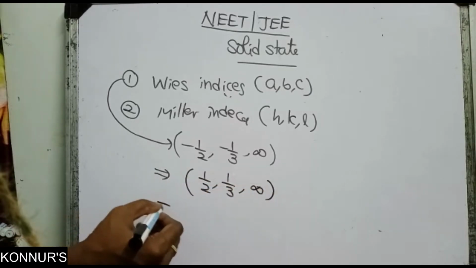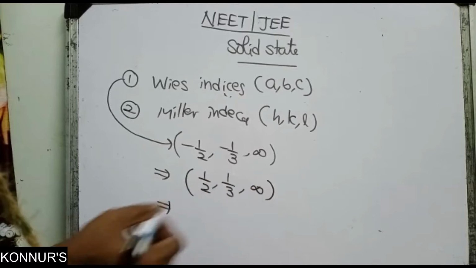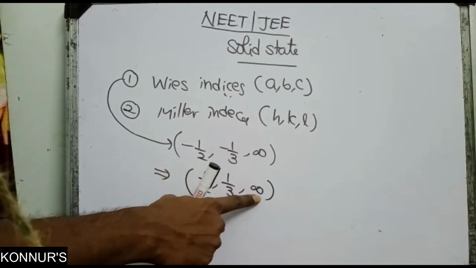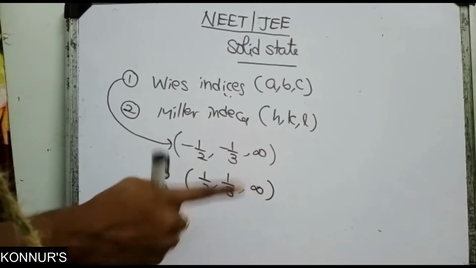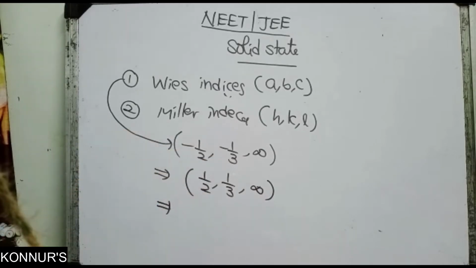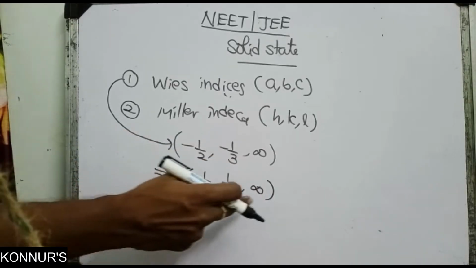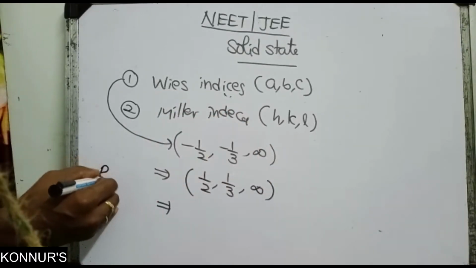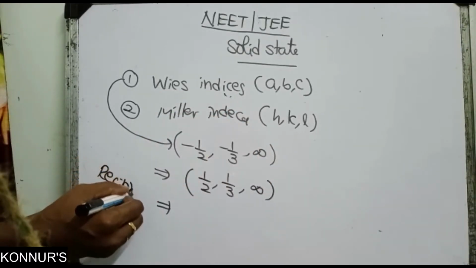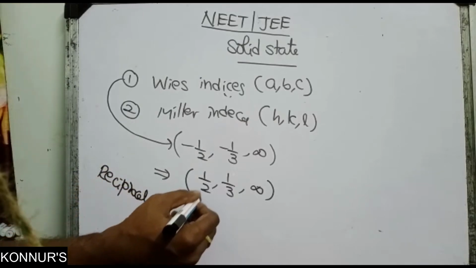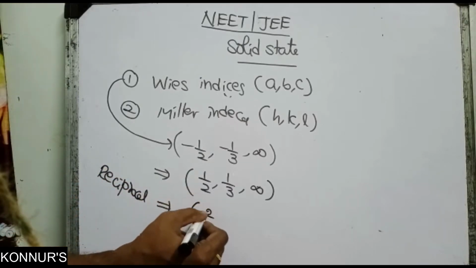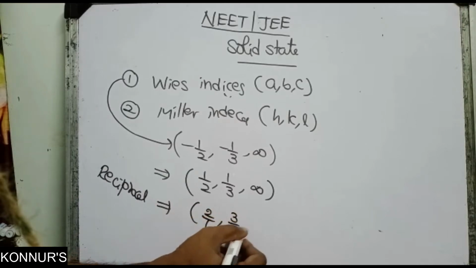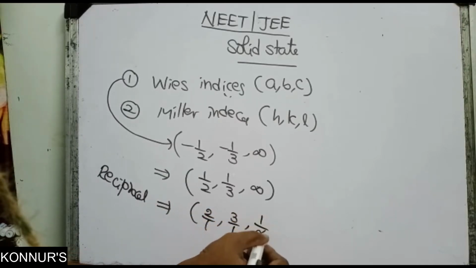Next, infinity means we have not constructed anything on the z-axis. Not constructed means it is better to take 0. How does infinity become 0? You take the reciprocal values. So that means 2 by 1, next 3 by 1, next 1 by infinity.